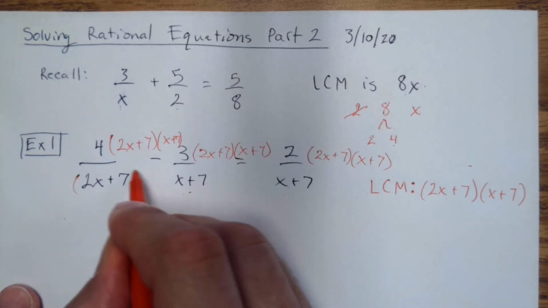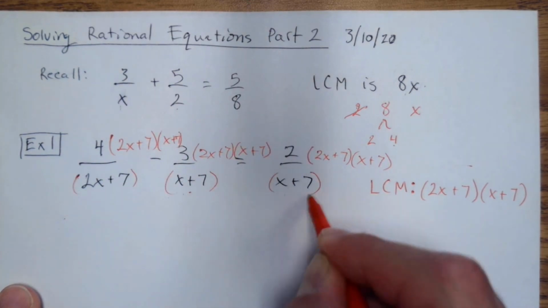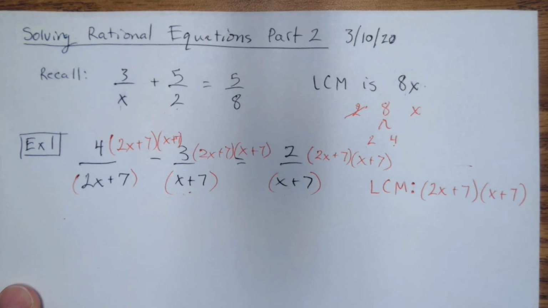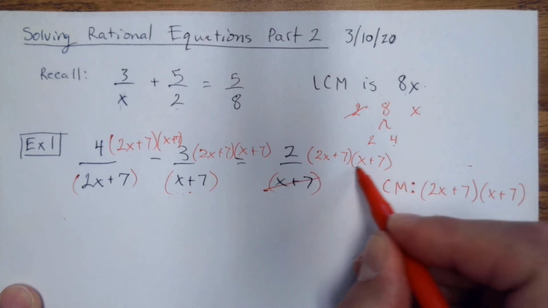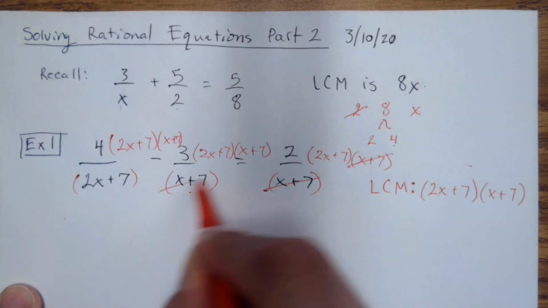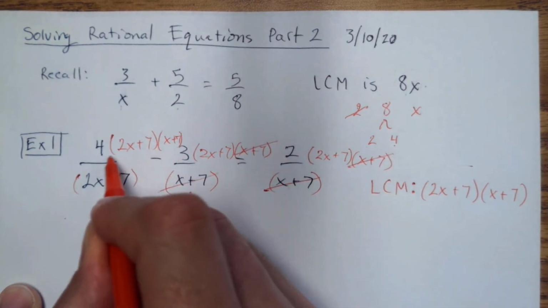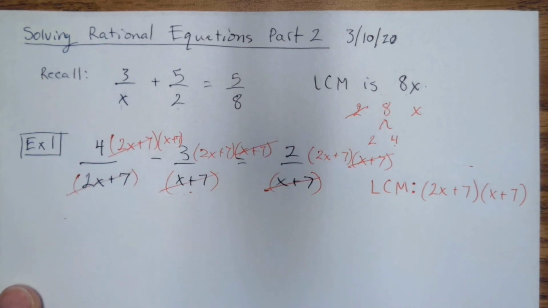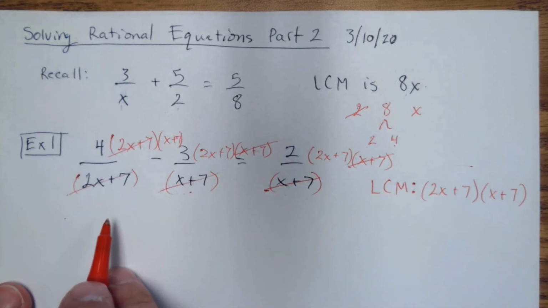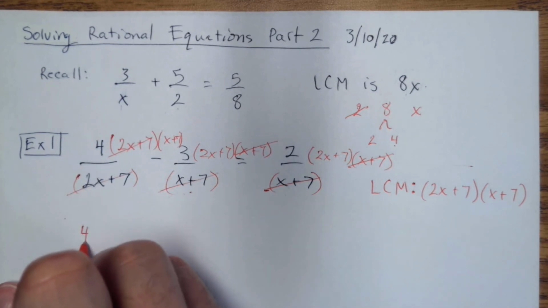So if you're doing this correctly, then the fractions should go away. I'm going to cross out the x plus 7s and the 2x plus 7 when they're on the top and the bottom. But then I'm also going to take an extra step. I think this is important to actually write down so you don't screw anything up before I distribute.